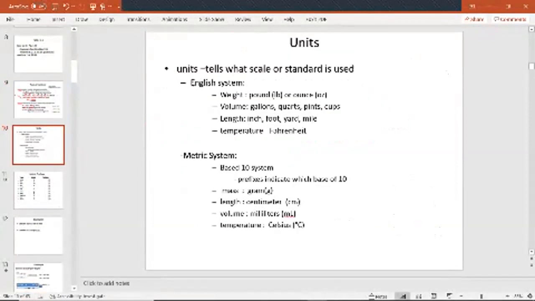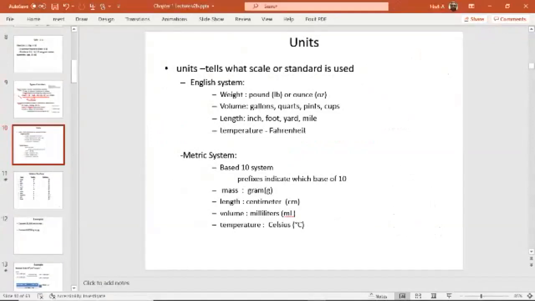So with the English system, when we're talking about weight, we're talking about pounds and ounces. For volume, we're talking about gallons, quarts, pints, and cups. Since we use the English system on a daily basis, it's understood that people will know how many ounces in a pound, how many quarts in a gallon, how many pints in a quart.